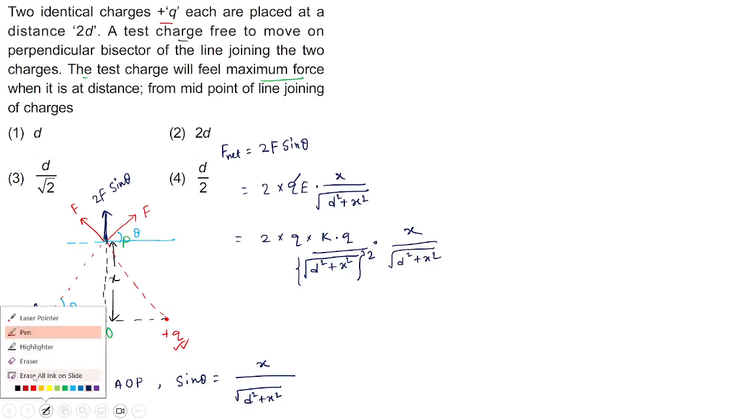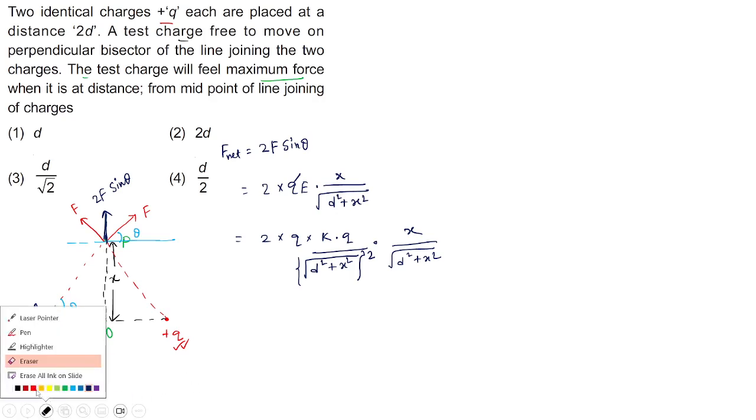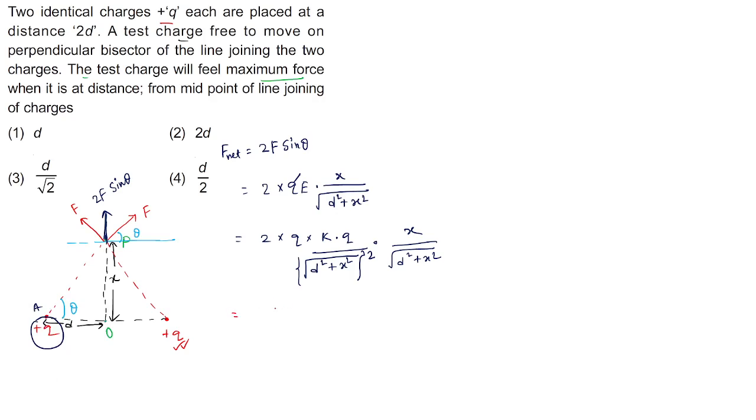Now I would like to erase this sine theta because it is not going to help anymore. Here we have 2Kq'q, and then x by d square plus x square whole to the power 3 by 2. This is the net force.